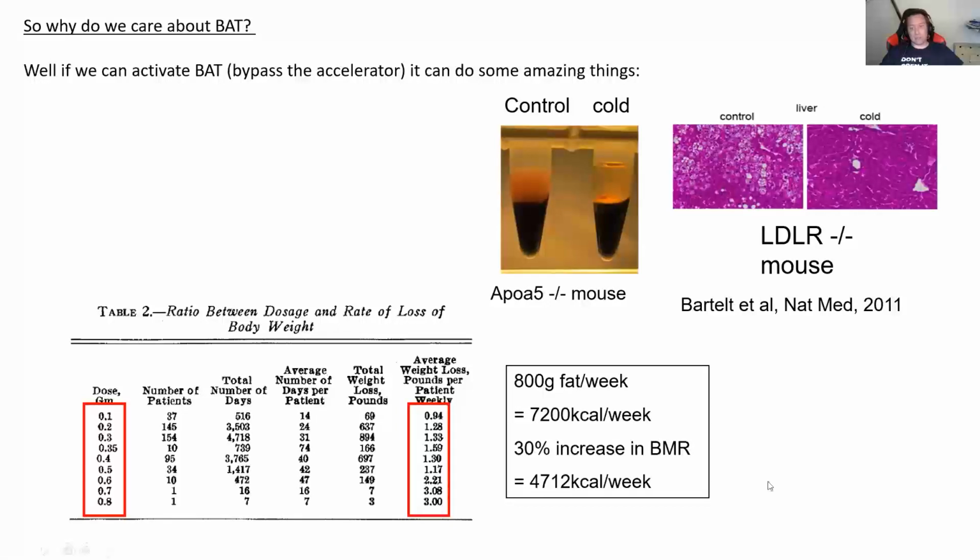It is dangerous because burning 800 grams of fat is about 7,200 kilocalories per week. A 30% increase in BMR is equivalent to 4,700 kilocalories per week. And the dangerous side effect of dinitrophenol is if you overdose on it, you will cook yourself to death because you raise your energy expenditure so high.